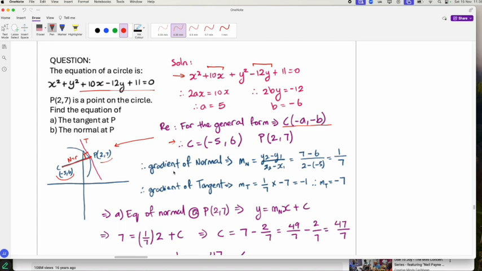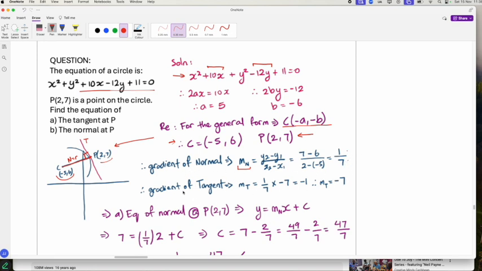Seeing that I have these 2 points now, I could now find the gradient of the radius, which is the normal. So the gradient of the normal, which I am calling mn, m subscript n, is y2 minus y1 over x2 minus x1, and I'm using these 2 points. So I have 7 minus 6 all over 2 minus negative 5, and I get 1 over 7. That is the gradient of the normal.